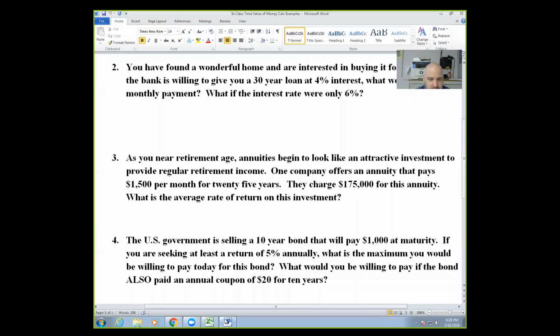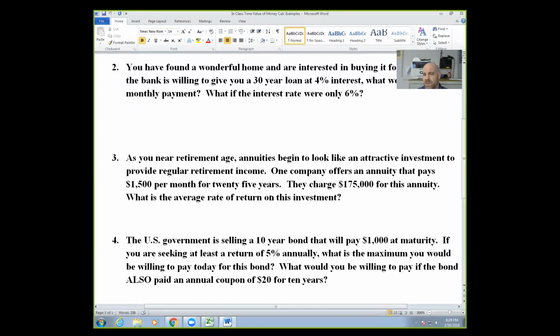So back to the example here. Number 3, an annuity. Luke was asking, an annuity is basically an investment where you give an investment company a chunk of change right now. Let's say you want to retire in 2 years, and you want to guarantee yourself a certain amount coming in every month for your retirement because you're on fixed income.